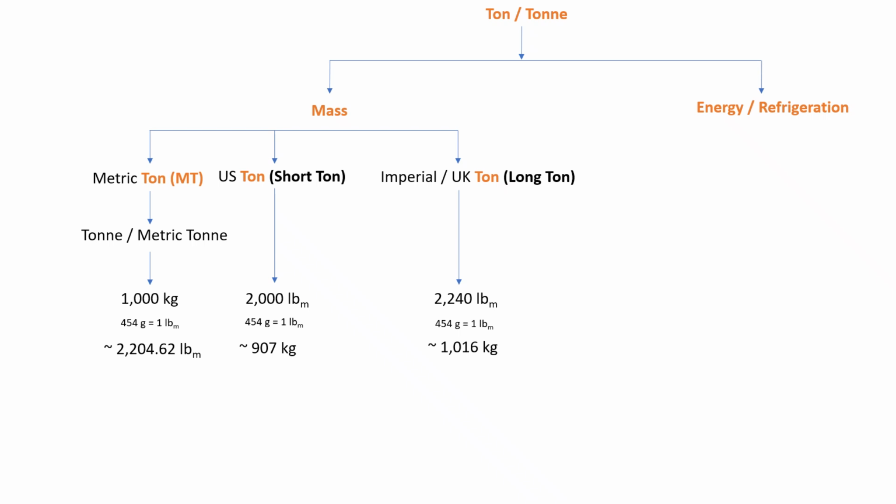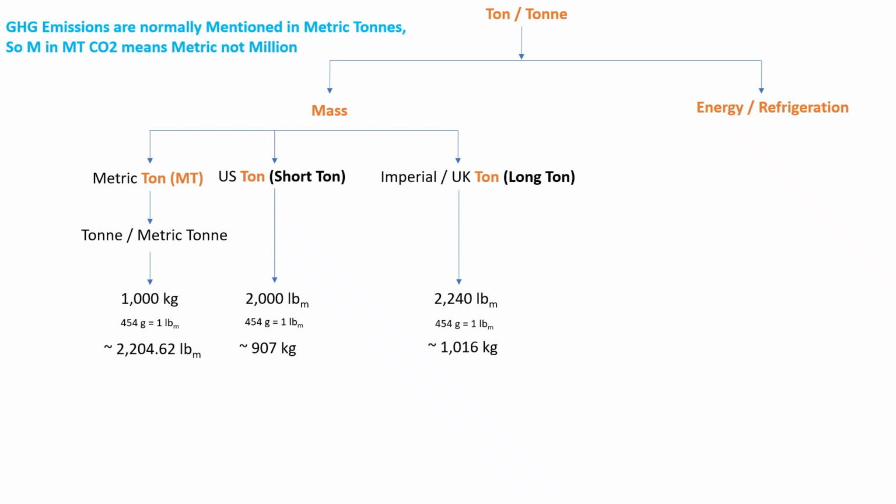In US ton or short ton, the pound mass is the primary term, and in imperial or UK ton, it is again the pound mass, which is normally converted into kgs. So metric ton primarily focuses on the kgs, and short ton and long ton are based on the pound mass.